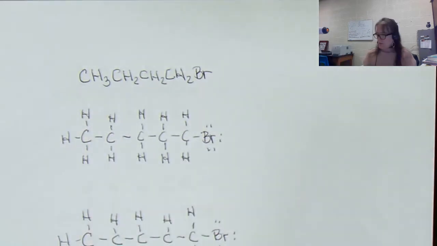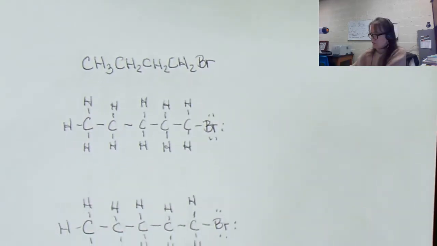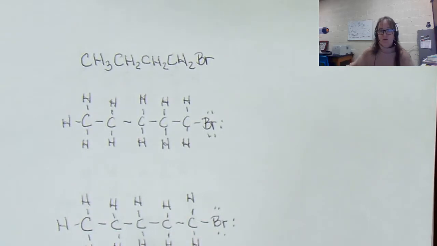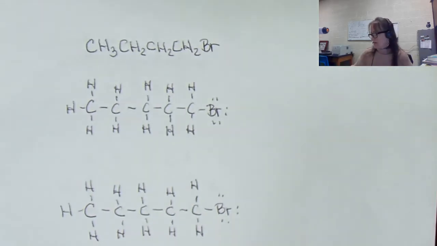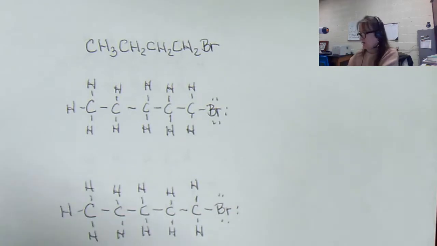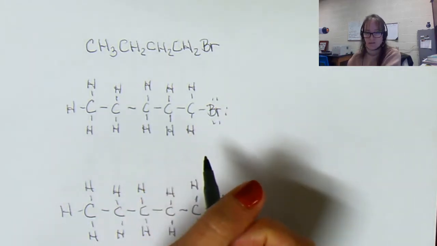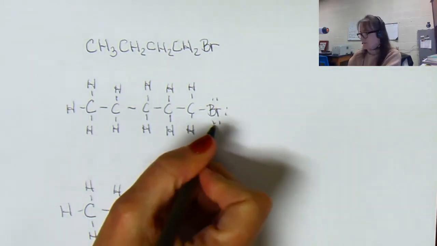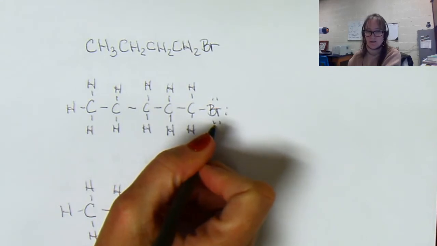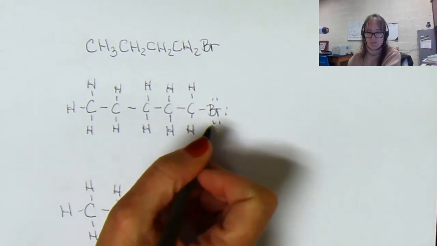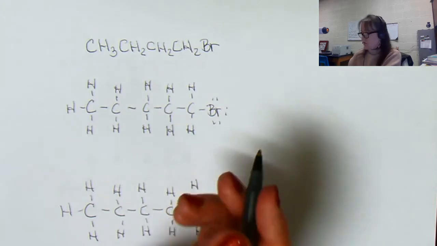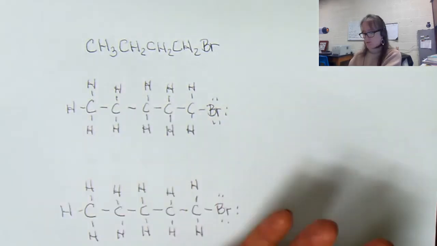So first I want to just compare what substitution versus elimination is, and I'm going to use 1-bromopentane as the example for this. So in a nucleophilic reaction, you have to have some group on your organic substance that can leave and be replaced or just leave with the electrons.